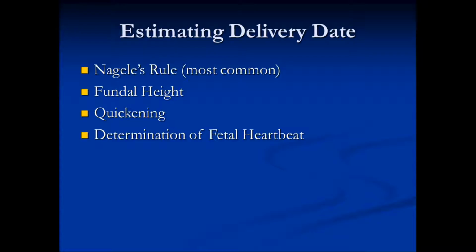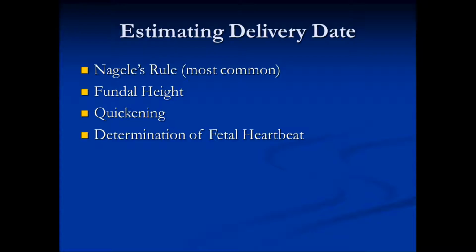This is only as accurate as mom's depiction of when her last cycle occurred, and also if mom had regular cycles, regular meaning that they came every 28 days or so.